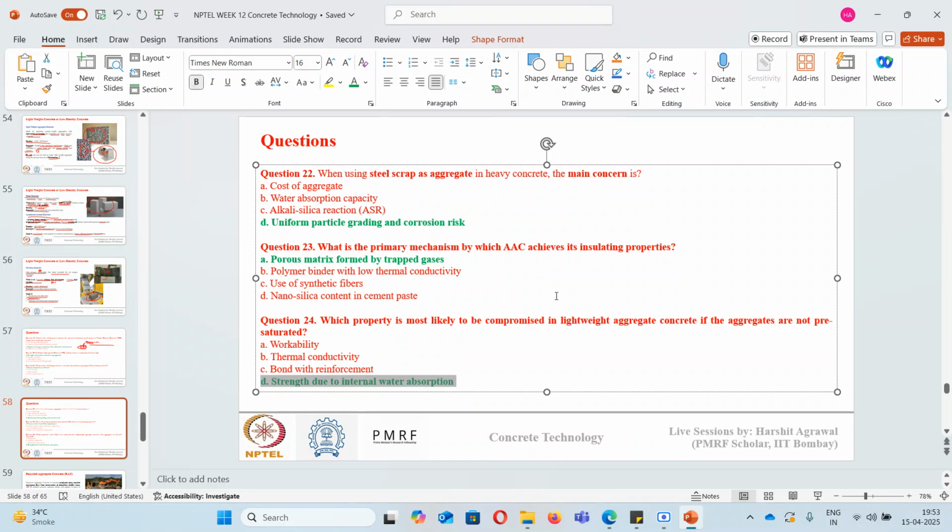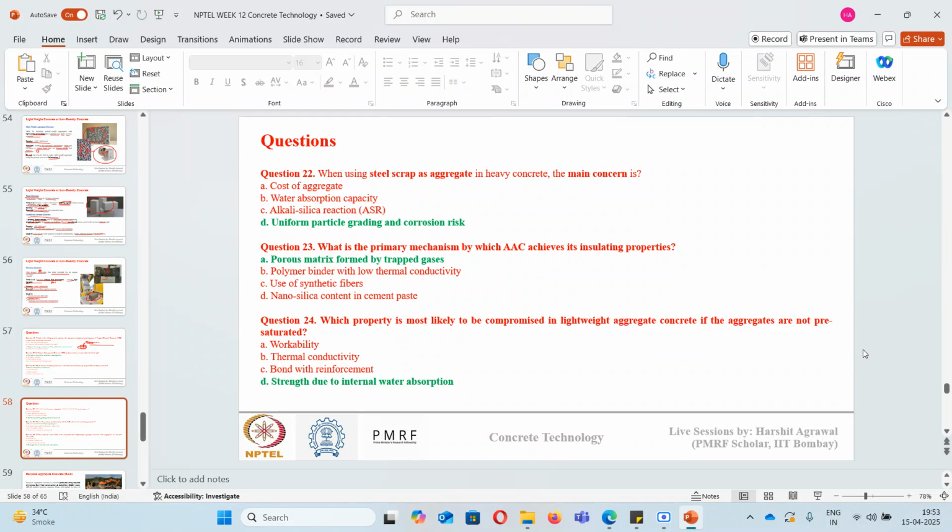So when we talk about lightweight aggregate, the porous nature of the aggregate we need to consider while designing. So we need to take equivalent water in the system which can make my aggregate properly saturated.